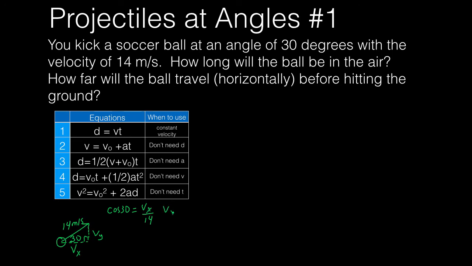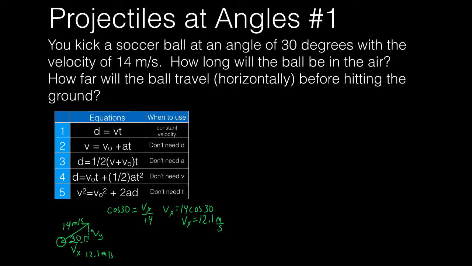So v sub x is equal to 14 cosine of 30. 14 times the cosine of 30 is equal to 12.1, so v sub x is equal to 12.1 meters per second. We can put that on our triangle.